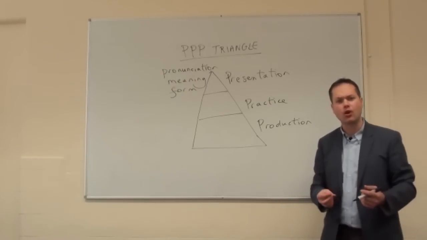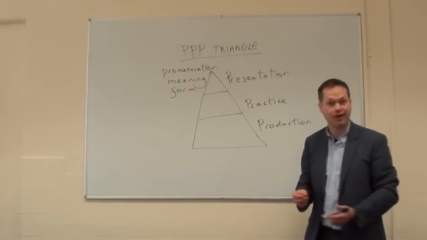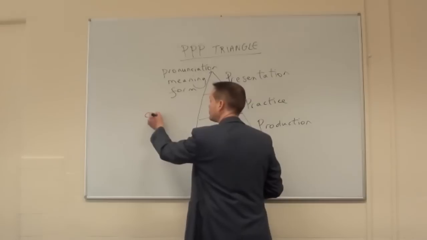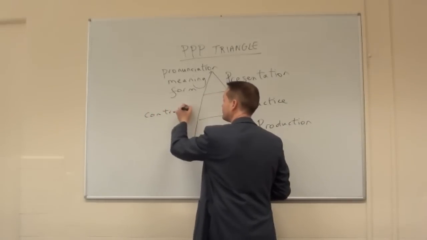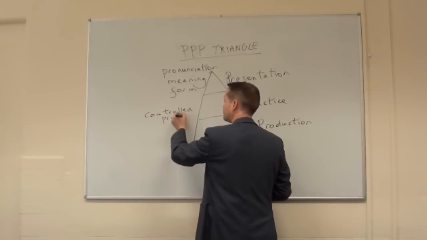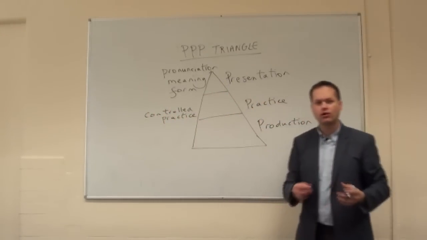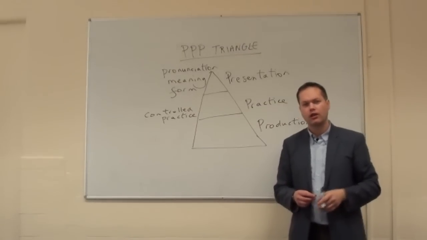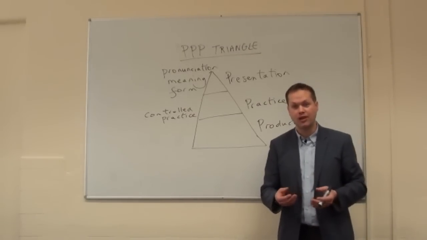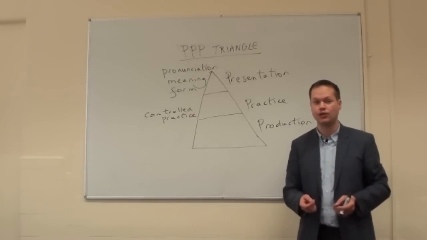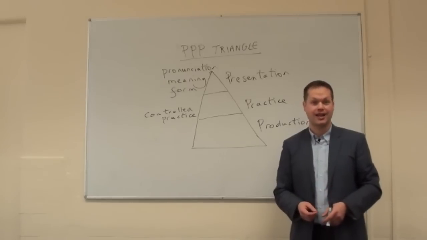Now this is sometimes also referred to as a controlled practice. It's called controlled practice because it involves the teacher giving a lot of support, if necessary, to the students. The teacher is quite hands-on.